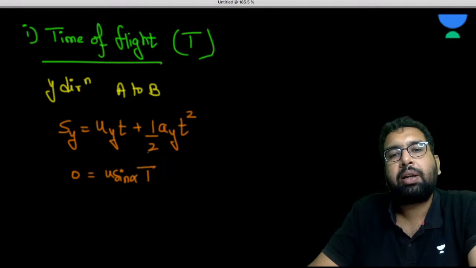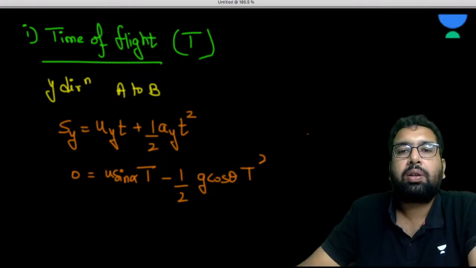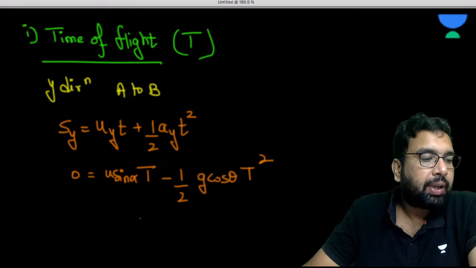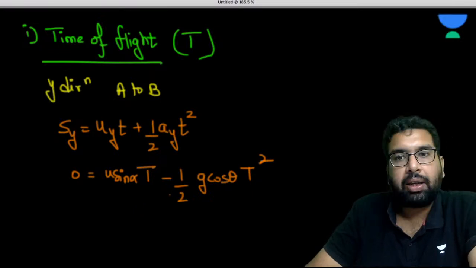So please take care of the sign also. Minus 1 by 2 g cos theta t square, right? Yes, Ay is minus g cos theta. Now we have placed it here.